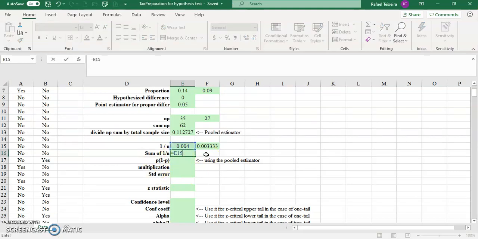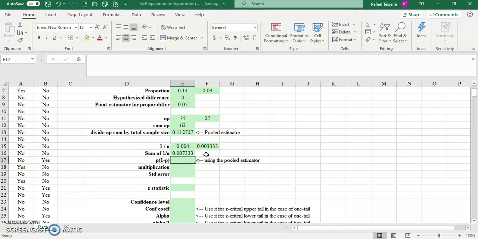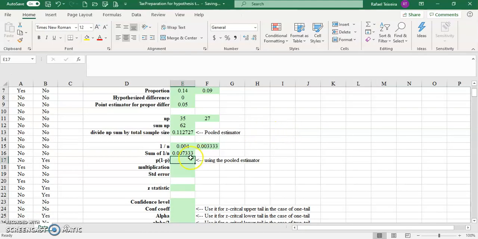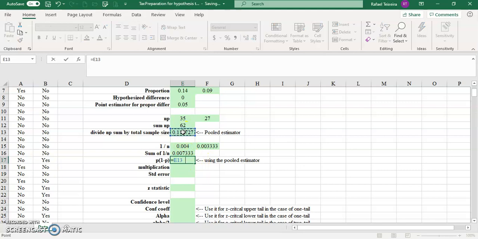Okay, I sum them. Now I'm going to multiply by this part here. But first I'm going to compute it. So using the pooled estimator is going to be equal to this number multiplied by open parenthesis 1 minus this number. Okay, this is what the formula is. That's the pooled estimator.